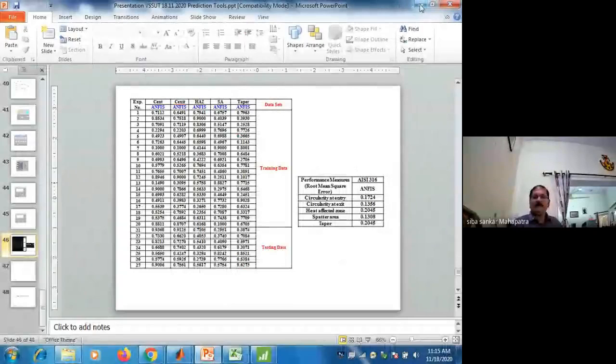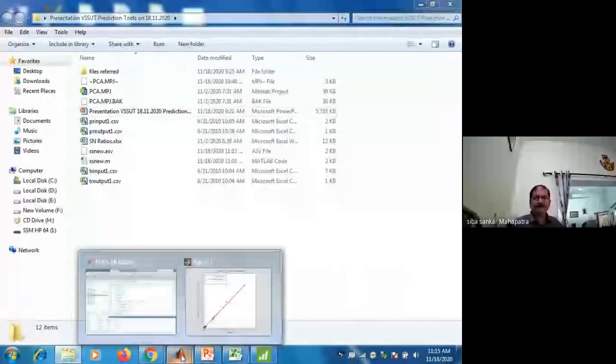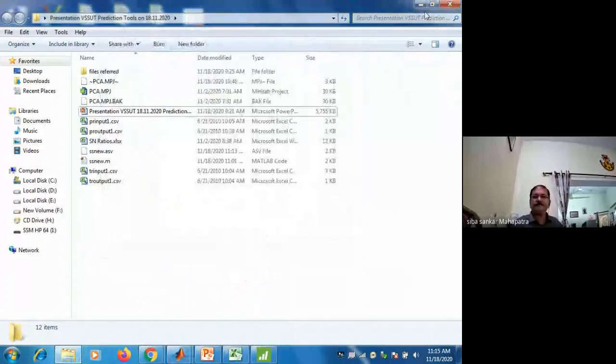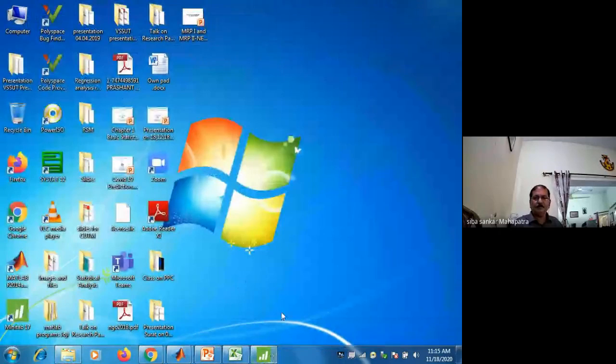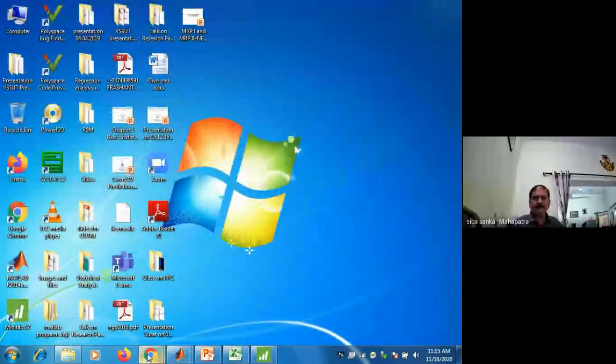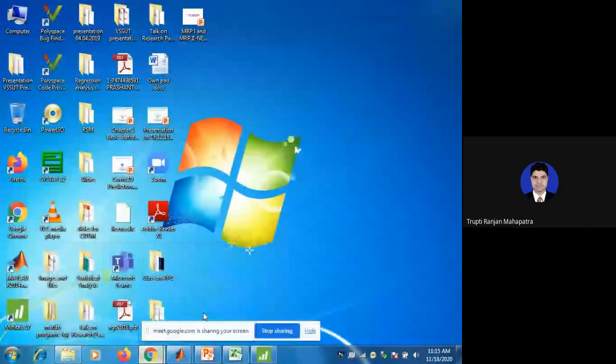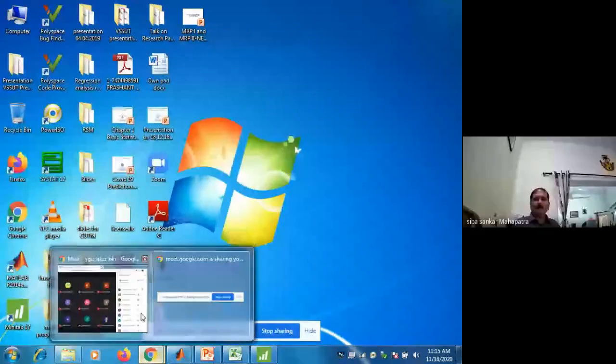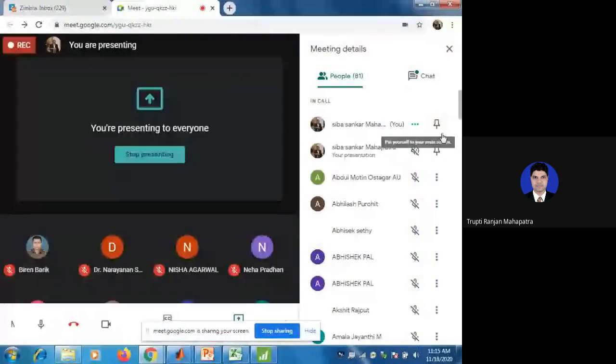Participants, if you have any query, you can put it in the chat box or you can unmute yourself and directly ask. Sir, participants belong to various disciplines of engineering, not only manufacturing, there are electronics and other discipline participants as well.